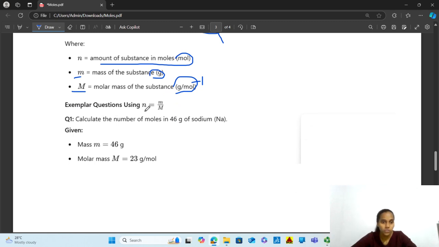Here we have to use the equation n equals m over M. They are asking to calculate the number of moles, which is n, in 46 grams of sodium. So 46 is the mass of the element, small m. We know m, and they have given the capital M value also. We have to find n.